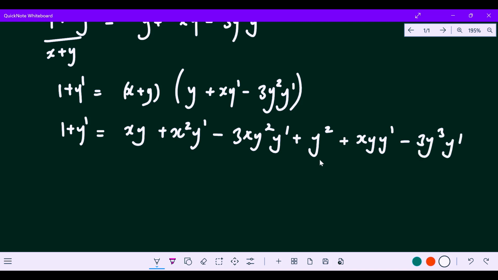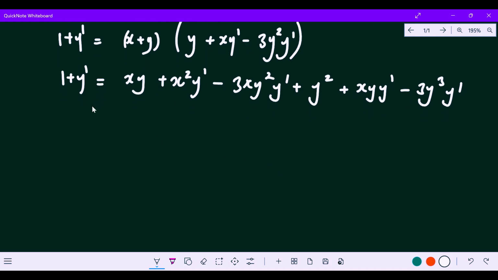So remember, we need to solve for y prime. I'll take every term that has y prime to the left hand side, and move everything that doesn't have y prime to the right hand side. So y prime remains here. I'll get this guy minus x squared y prime. What else? This will be plus 3xy squared y prime.